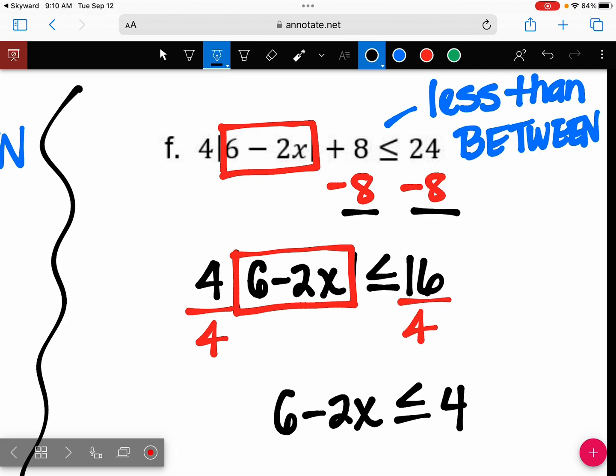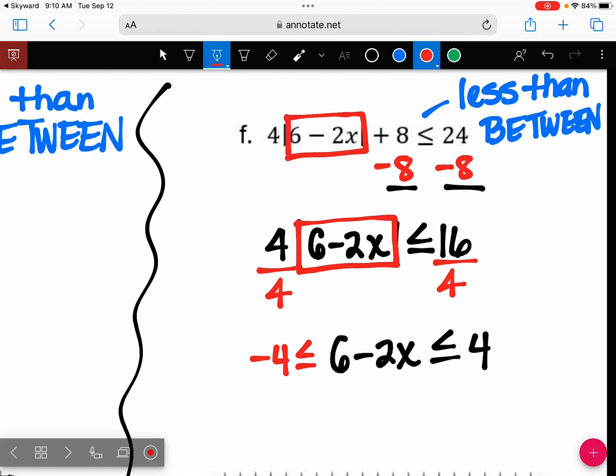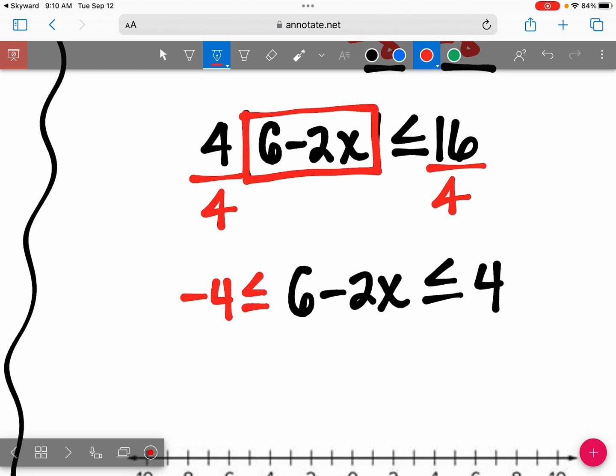And what am I going to put on the other side? When it's between, what goes on the other side? A -4. -4 goes on the other side. So we're going to solve this for x. Subtract 6.